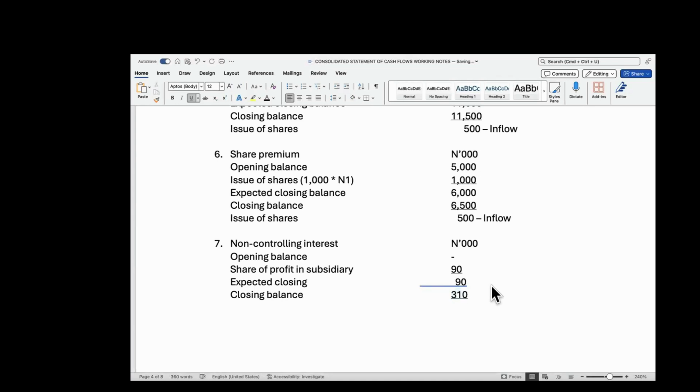So what's the increment about? Let me not forget the acquisition of the subsidiary, which is 10% times 2,600. I almost forgot this, which is 260.